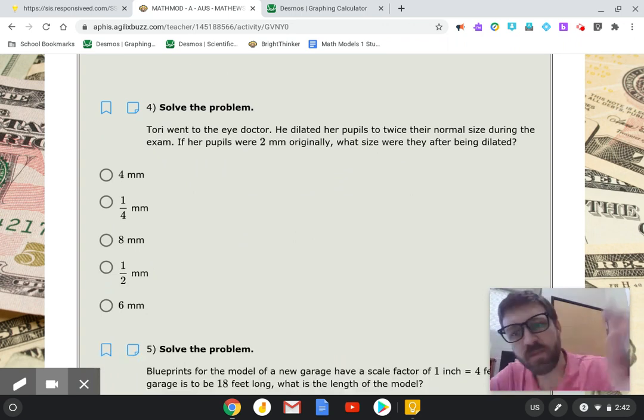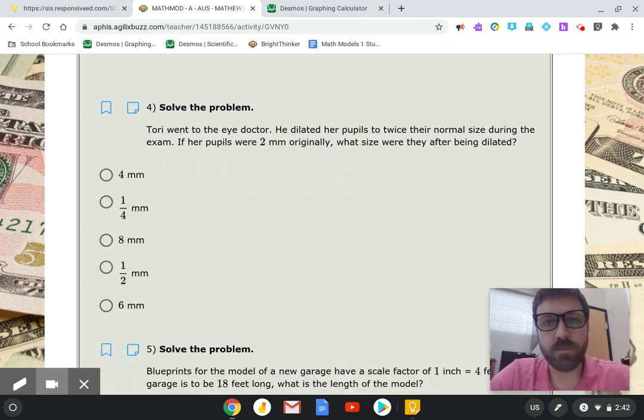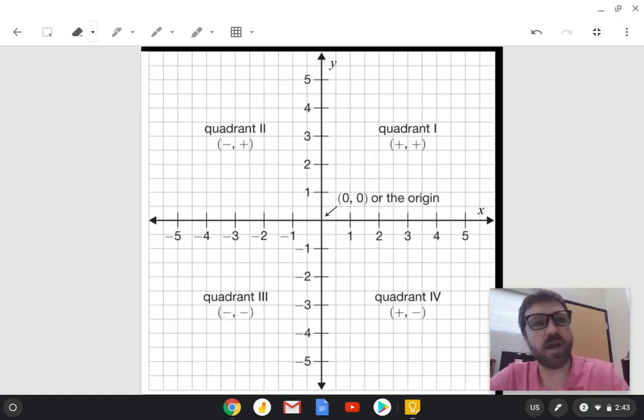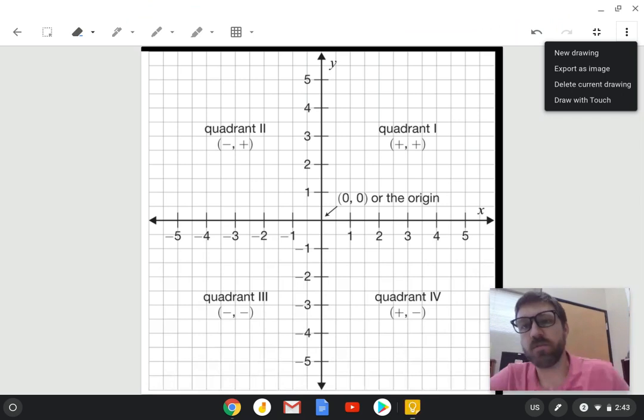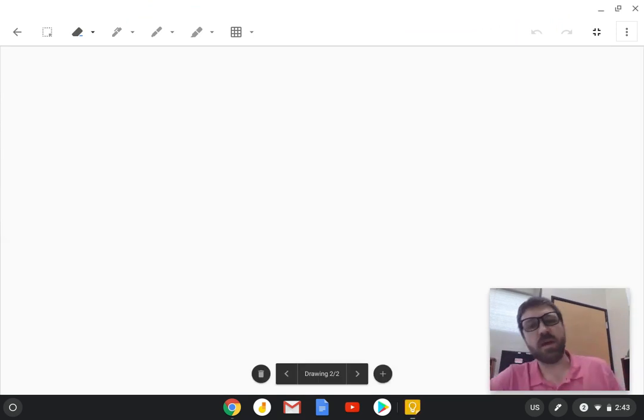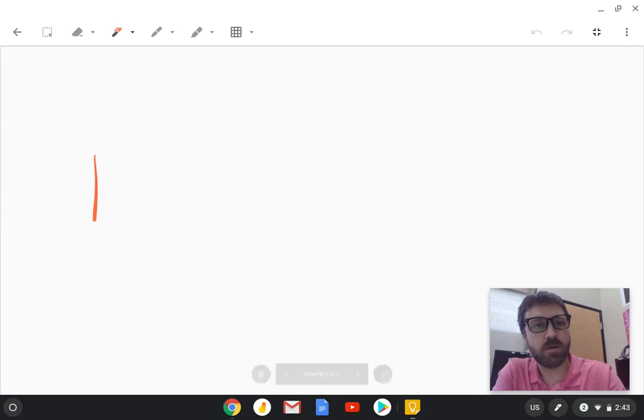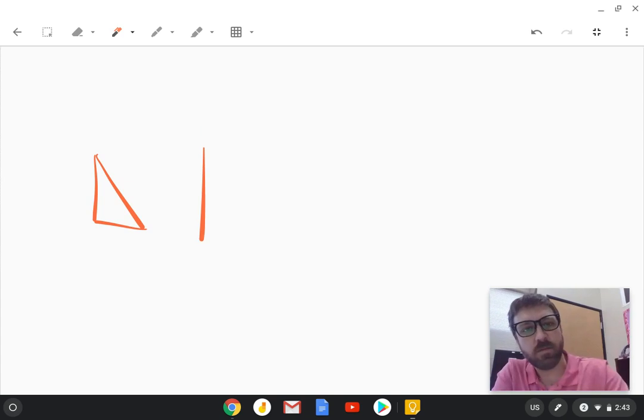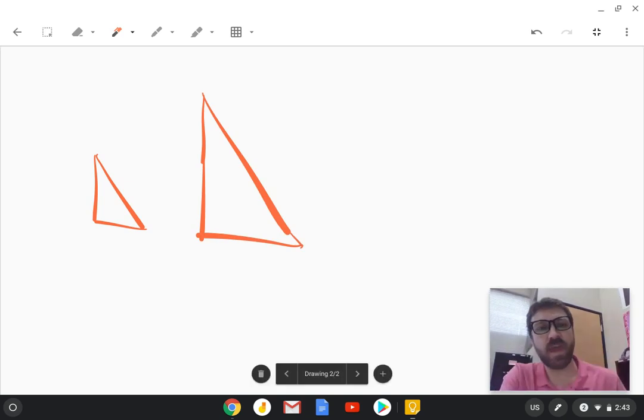Okay, then it switches gears to this idea of dilation. They don't do a great job of explaining this, but let me try to give you some information about it. The idea of dilation is that you have some object and you are going to make it larger, but it is going to remain in the same scale.